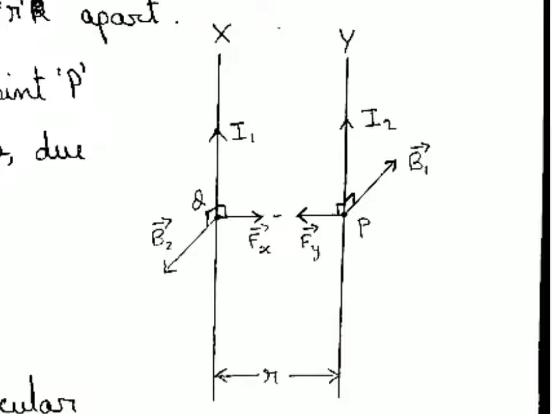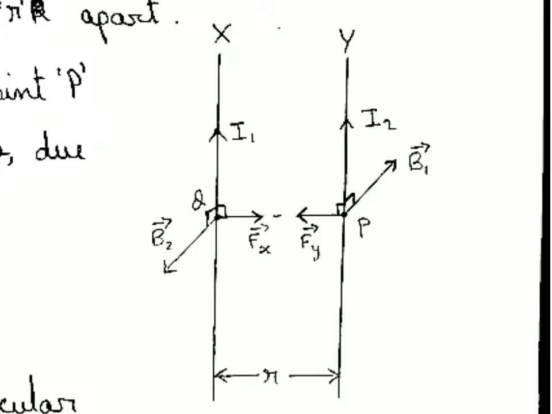So since the conductor X is producing a magnetic field around it, and that magnetic field is given as B1, the conductor Y will now be inside the magnetic field produced by the conductor X. That is, the conductor Y will be inside the magnetic field B1.